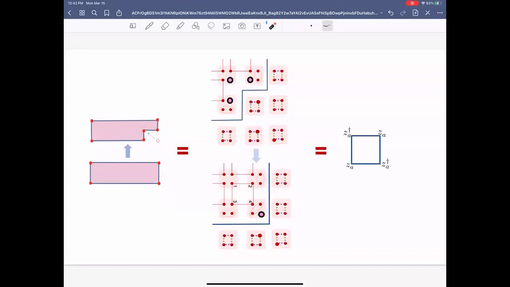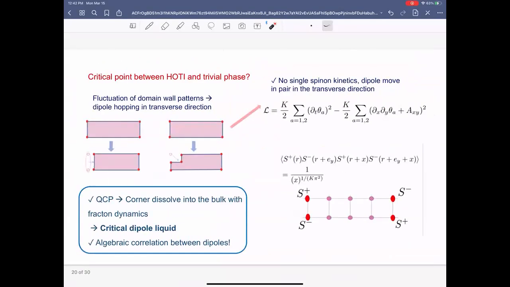So once the domain wall is strongly fluctuating, the spinon zero mode decorated at the corner is also fluctuating. However, because this spinon zero mode only lives at a corner, the spinon fluctuation, when they dissolve into the bulk, has some fracton dynamics. A single spinon cannot fluctuate along any direction. What happens is that only a pair of spinons fluctuates in the direction transverse to their spatial separation.